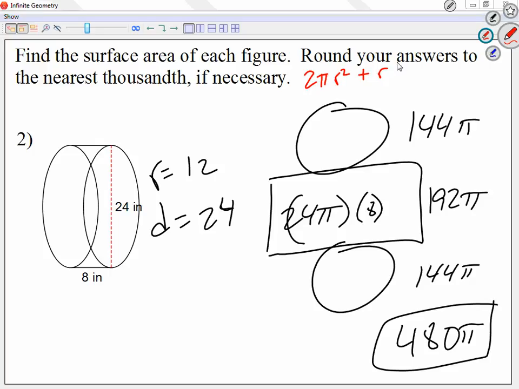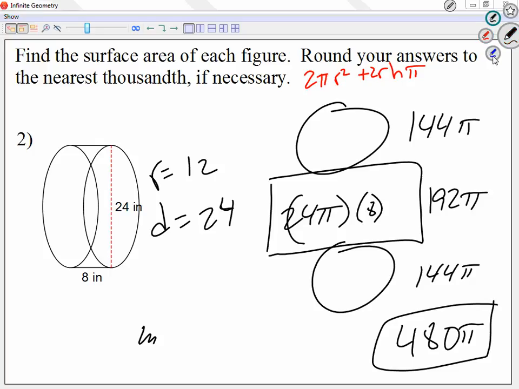Again, let me just wait. All right, so going back to this, now that it's working, more than likely it's going to give you 2 pi radius squared plus 2 radius height pi. That's the formula it's going to give you.